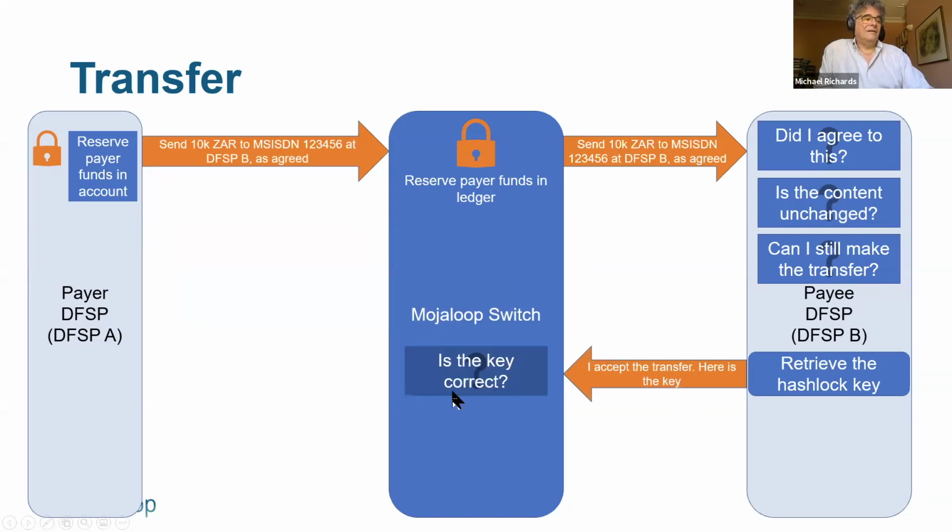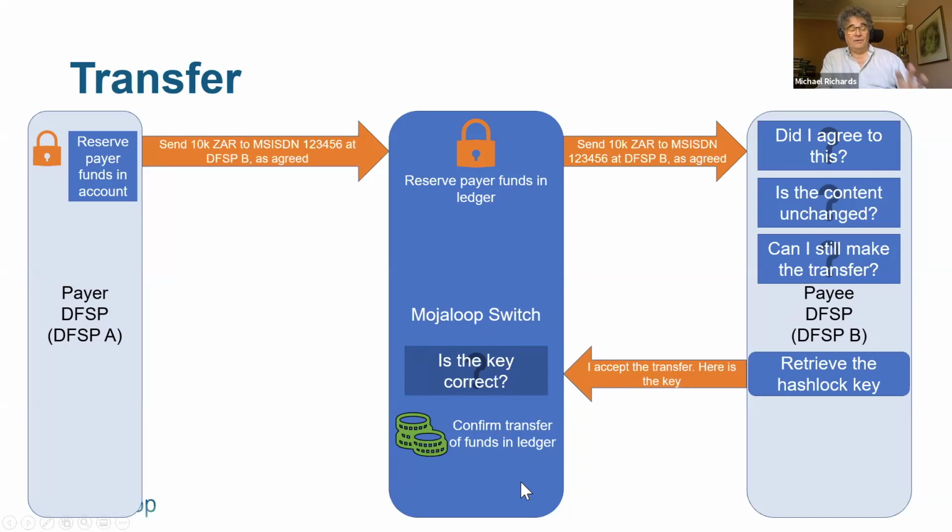Now, the switch can ask, in the way I described just now, whether this key is correct or not, whether the fulfillment that's been sent back by the payee corresponds with the condition that it stored against the transfer when the request was originally sent. If that's okay, it confirms the transfer of funds in its ledger.